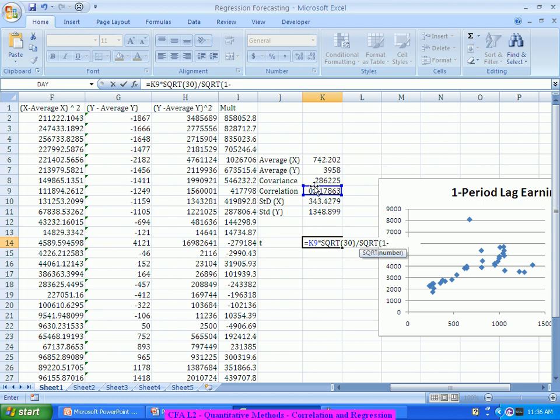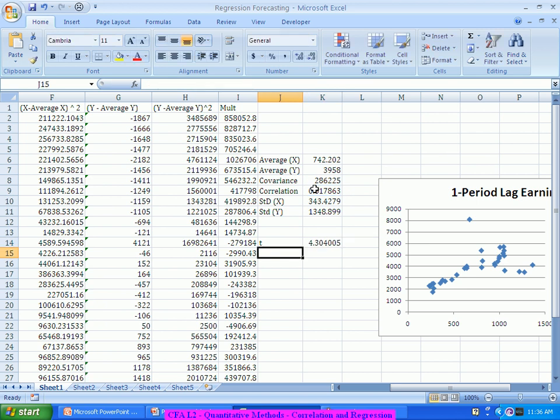This tells me that the t value is 4.3, which is the t statistic for our computed value. For our case, the t statistic is 4.3.